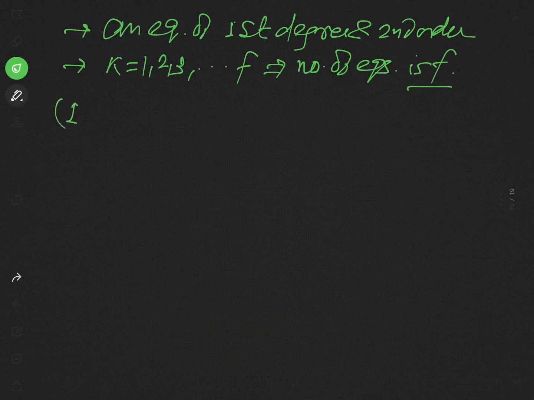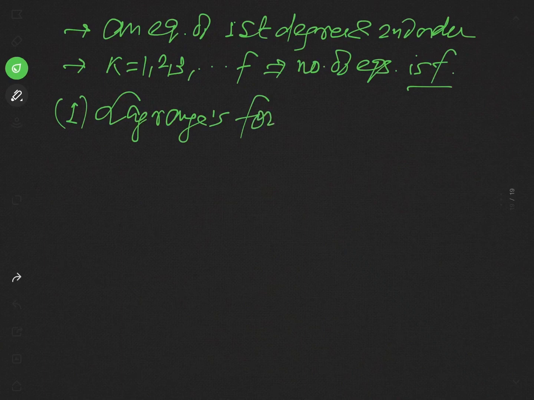The first one is the Lagrange equation for a conservative system.